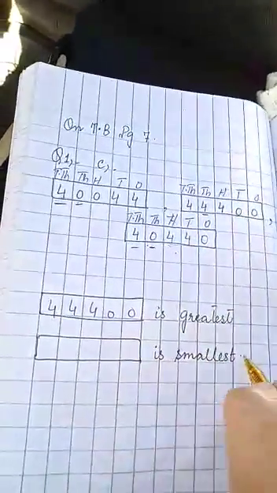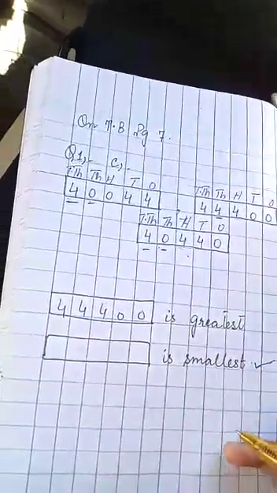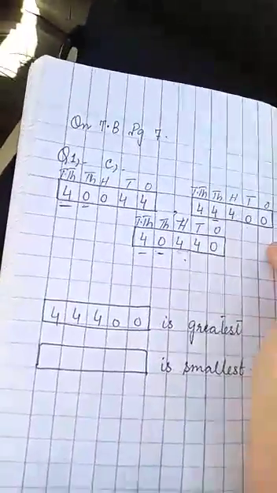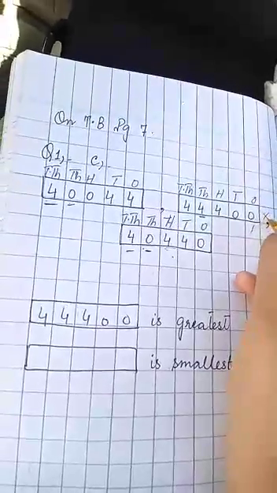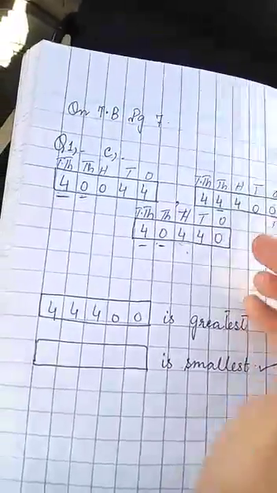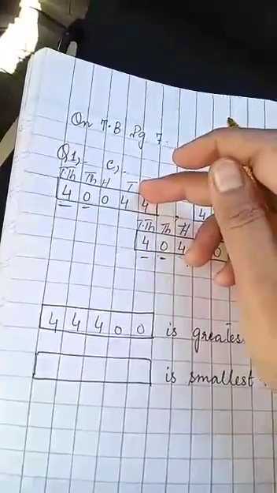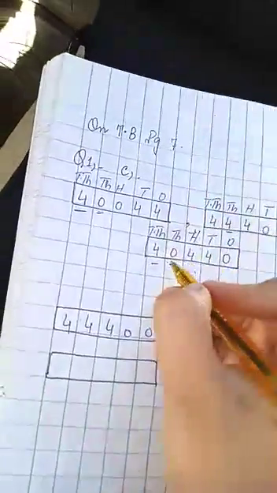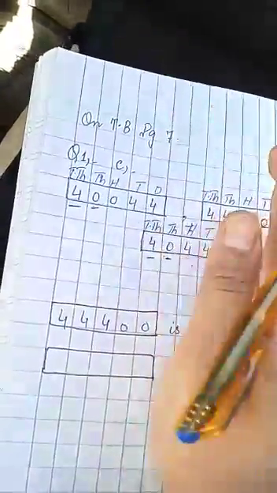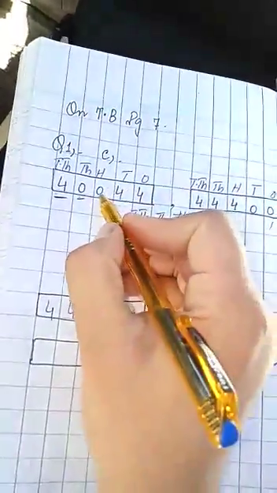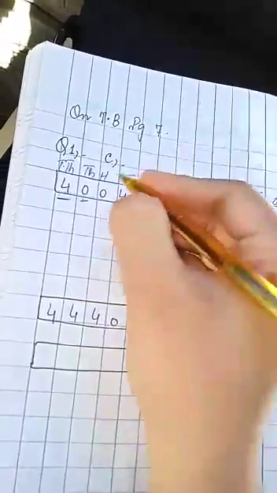Now there is only the problem of finding the smallest value. This number is taken out as the greatest value, so we are left with only these two numbers. Now we compare the 100th place value, so we compare 0 and 4.